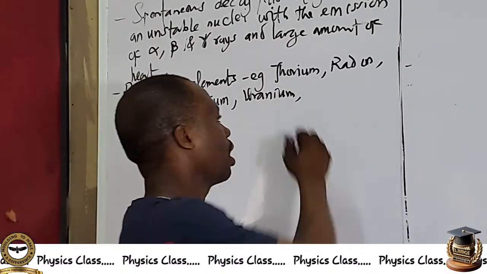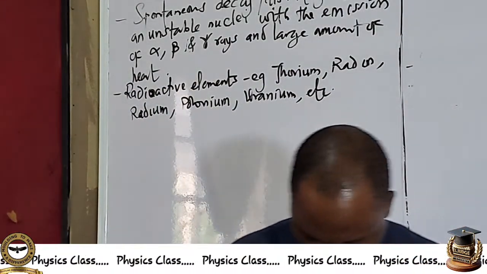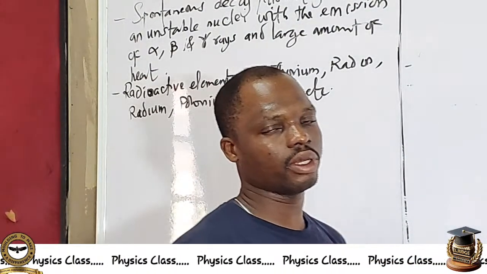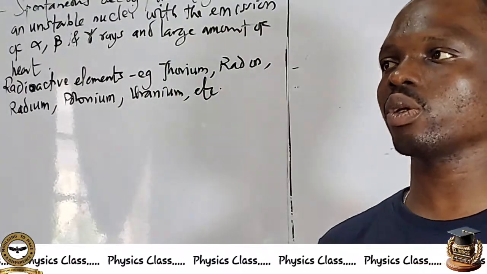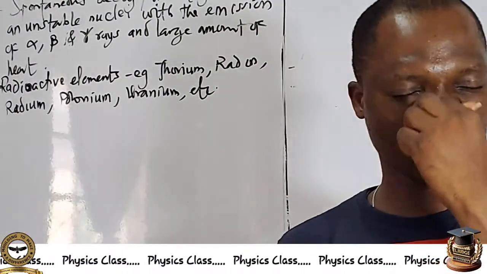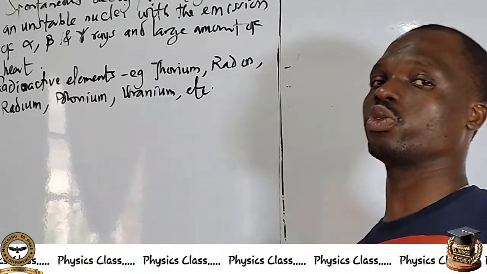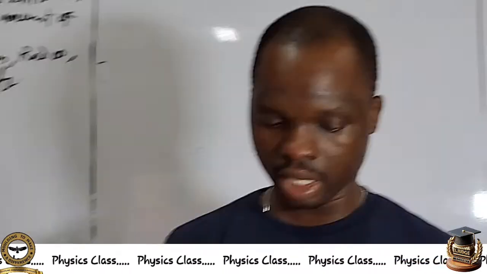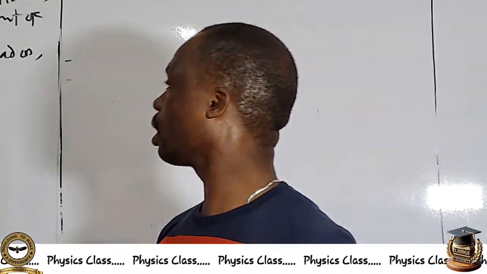All these are radioactive nuclei because they have a very large mass, a very large atomic number. One of the things you have to note is that the moment your atomic number is greater than 82, the element is unstable, with an unstable nuclei. So radon is also part.